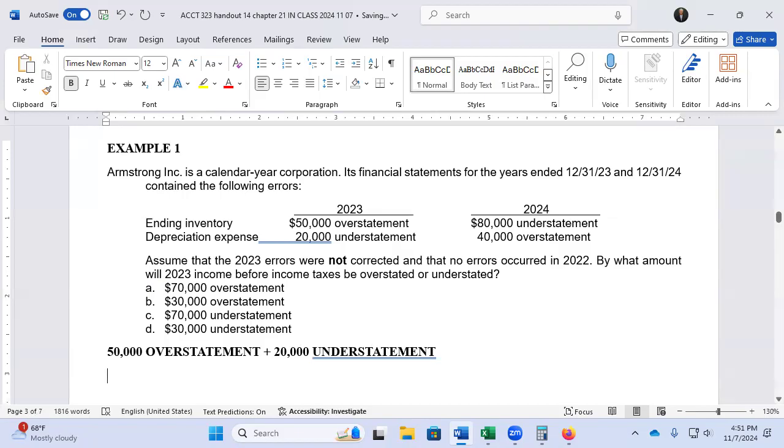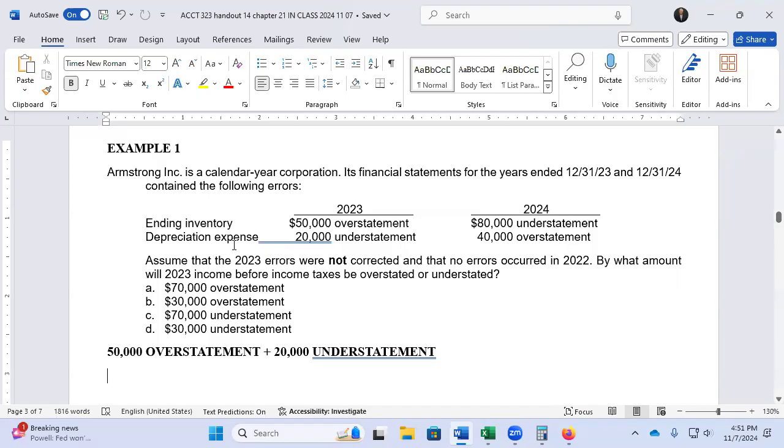And now here you have to say, well, what happened? So if we overstate our ending inventory, how does that affect our net income? By overstating your inventory, it understates your cost of goods sold. And so your net income is overstated.